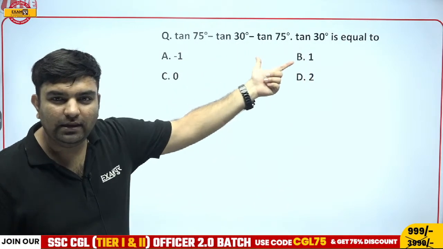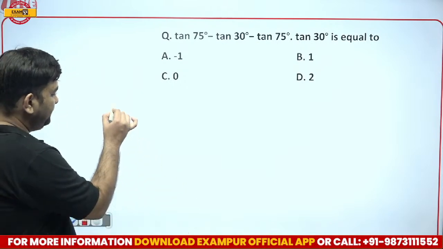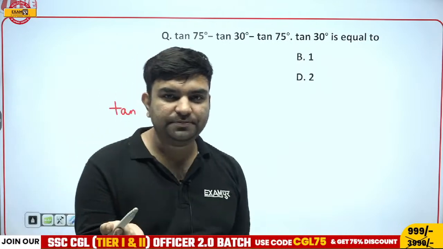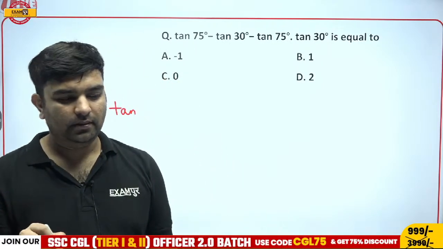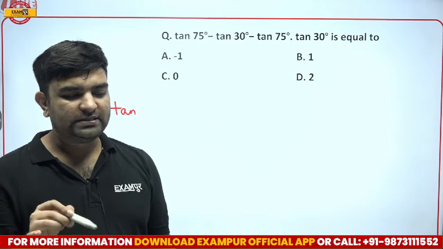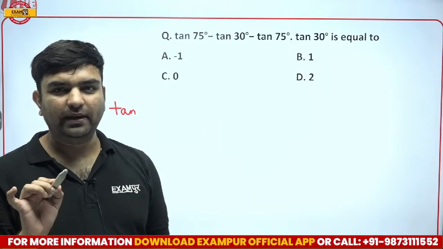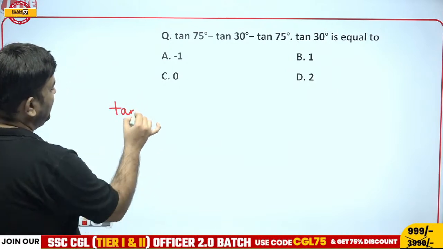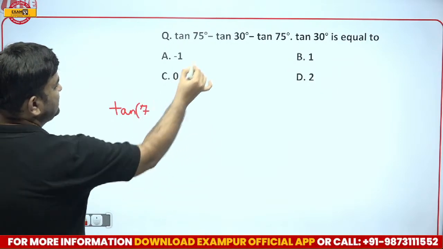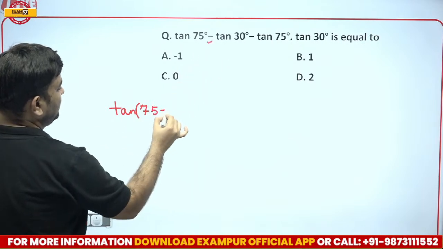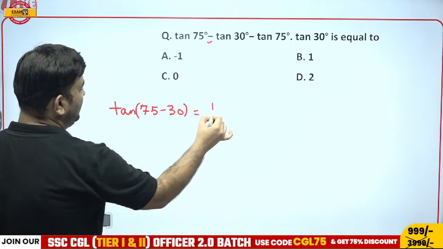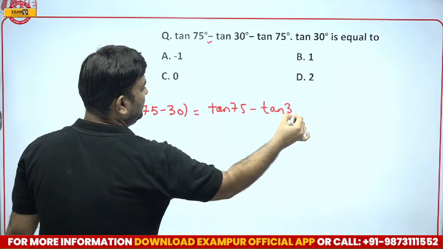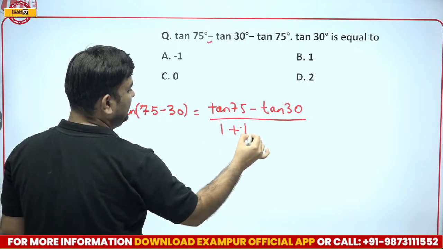A plus B, A into B together. It is tan of A plus B or tan of A minus B. I am going for tan of A minus B because here it is negative. So tan of A minus B is tan A minus tan B upon 1 plus tan A tan B.